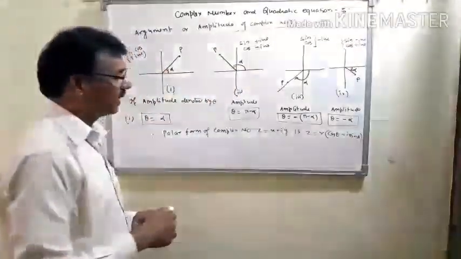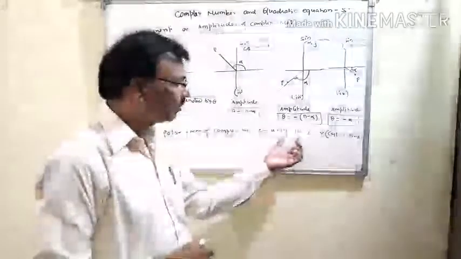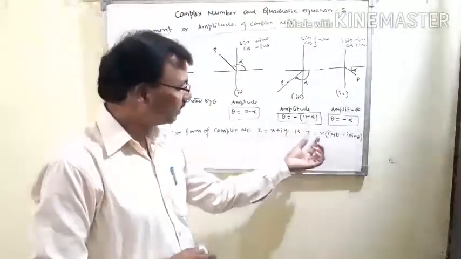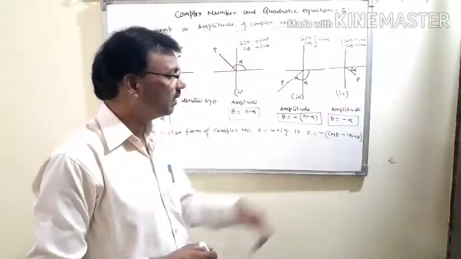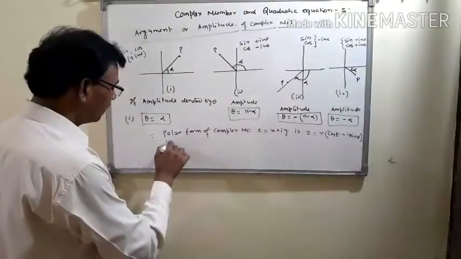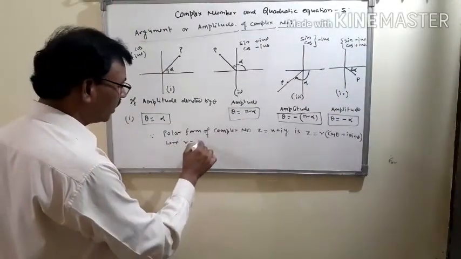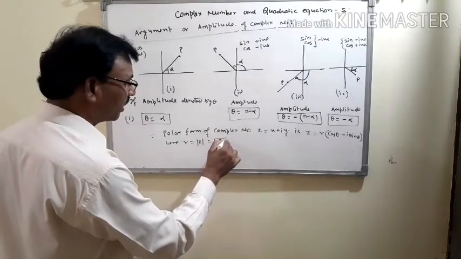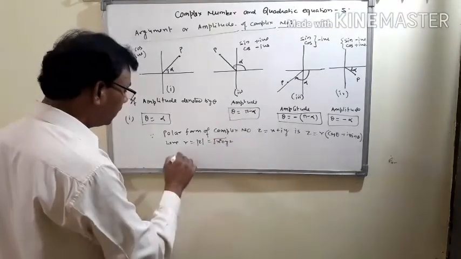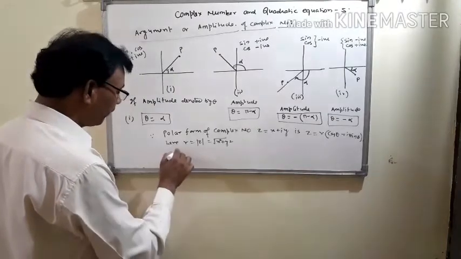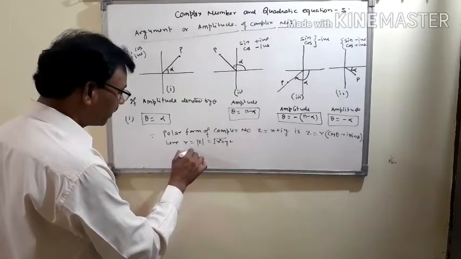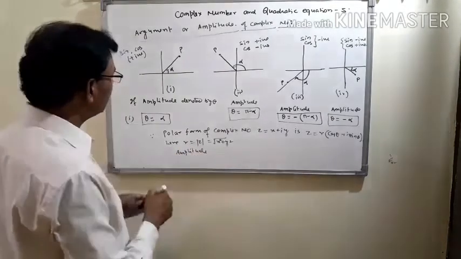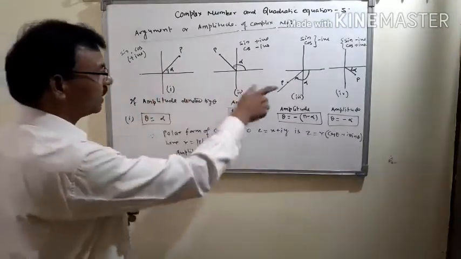If we want to change any complex number into polar form, we first find the modulus. Here R equals modulus of Z equals root under x square plus y square, and the amplitude with respect to these situations.